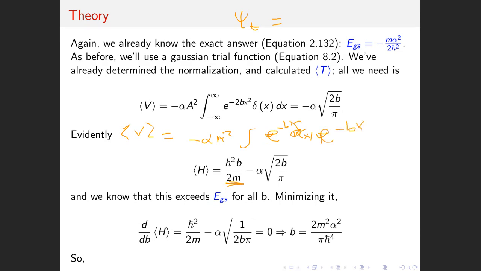The Dirac delta function, you know how to integrate, only contributes at 0, so this gives you minus alpha, and once you've done the algebra, you just get square root b. So you get some family of energies that depend on some parameter b.